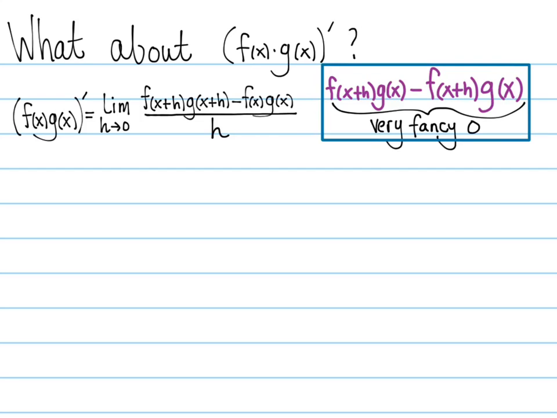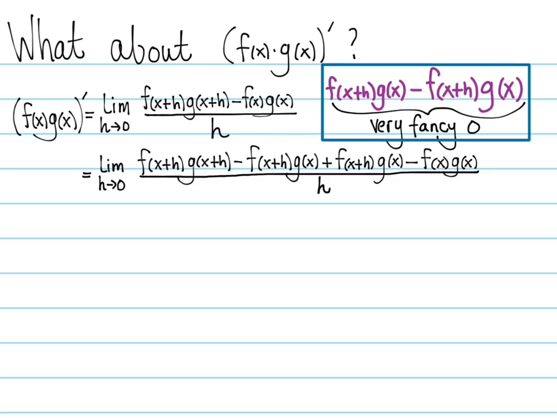Now, if you look over there, I've written a very, very fancy version of 0. And you can always insert 0 as an addition anywhere, because adding 0 doesn't do anything to a value. And so I'm going to go ahead and insert that between f(x+h)g(x+h) and minus f(x)g(x).